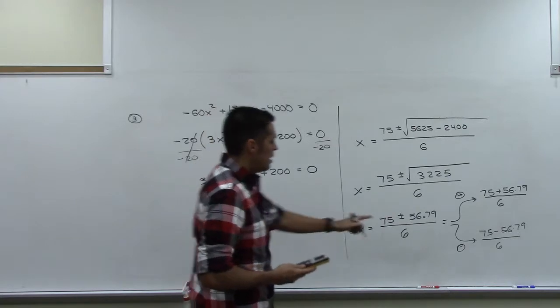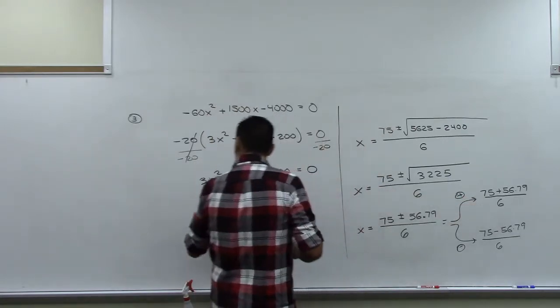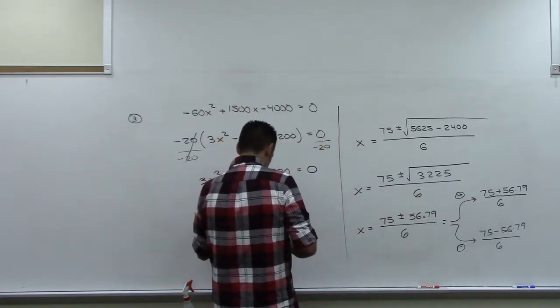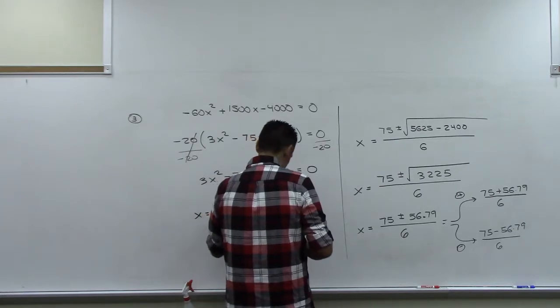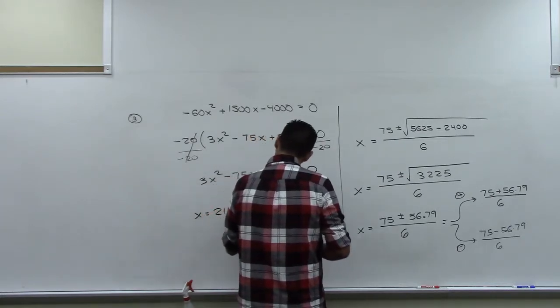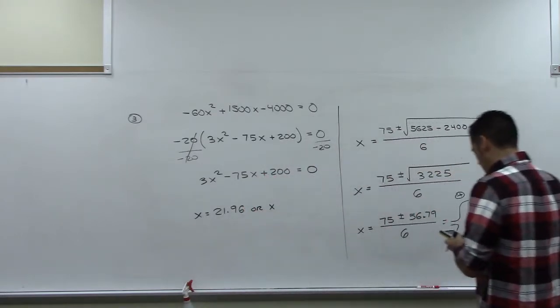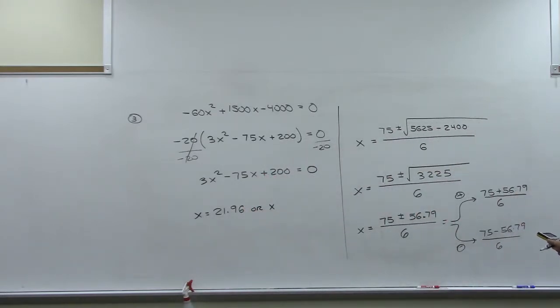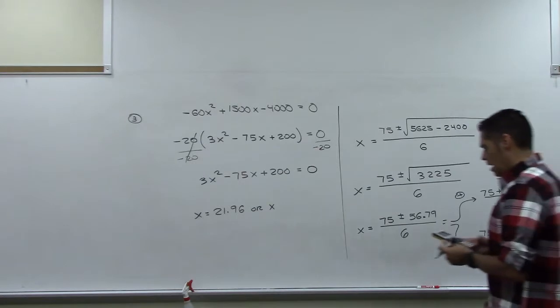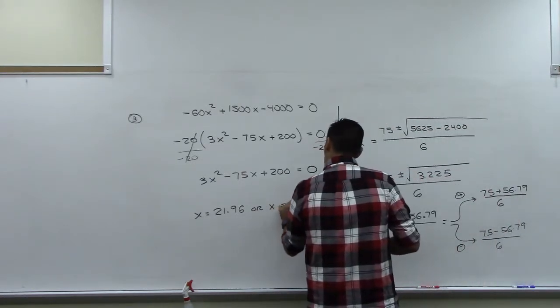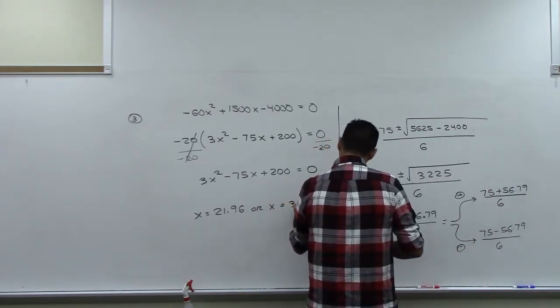So one answer I get from this one on top here is that x must be 21.96. Or now if I do this one, 75 minus 56.79 is 18.21 divided by 6. I get 3.035.